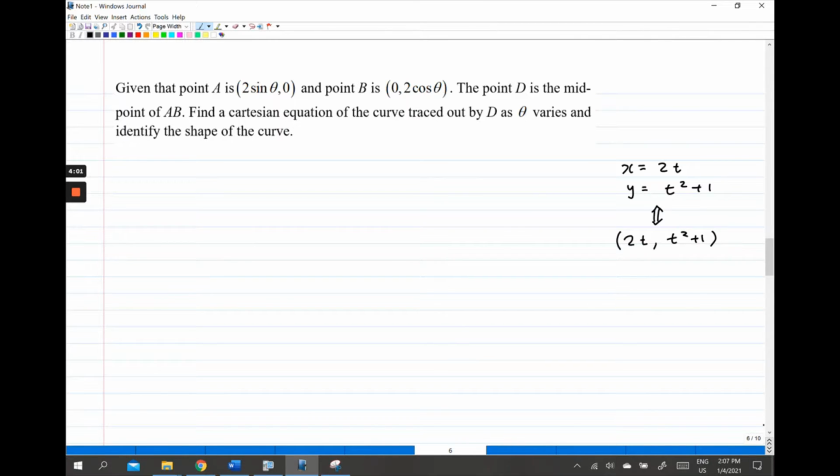So your x and y coordinates are controlled by a third variable, a third parameter, t. So it's actually a form of your parametric equation.